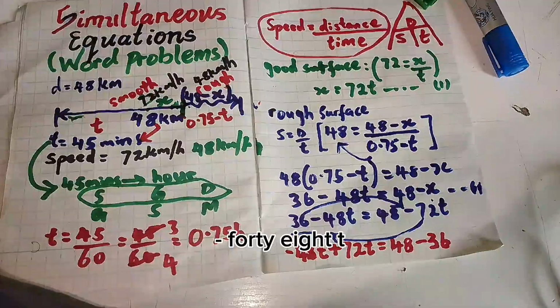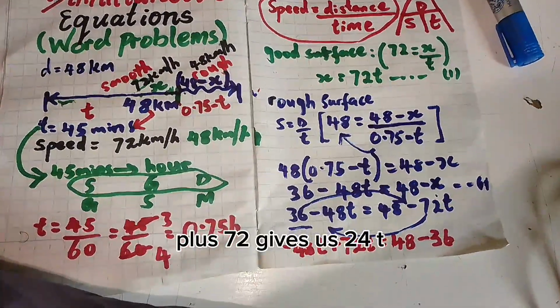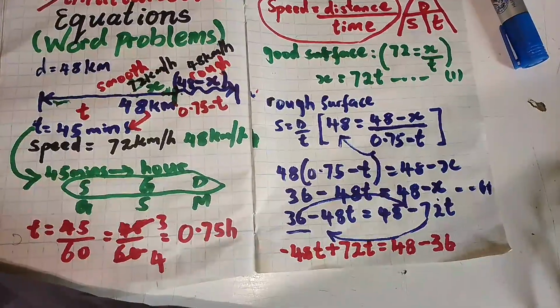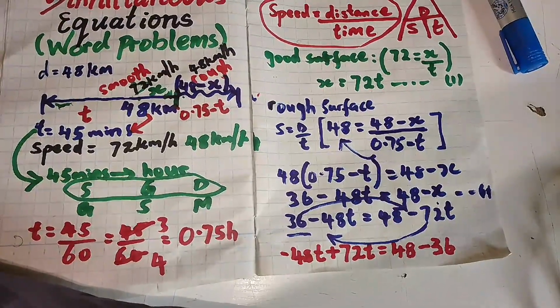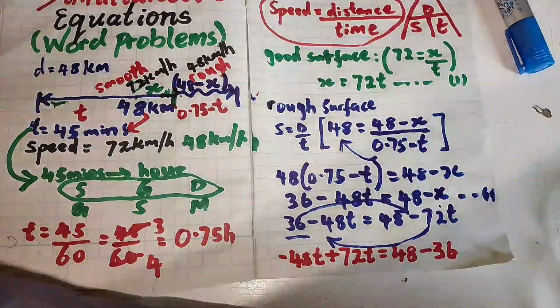Minus 48t plus 72t gives us 24t, while 48 minus 36 gives us 12.